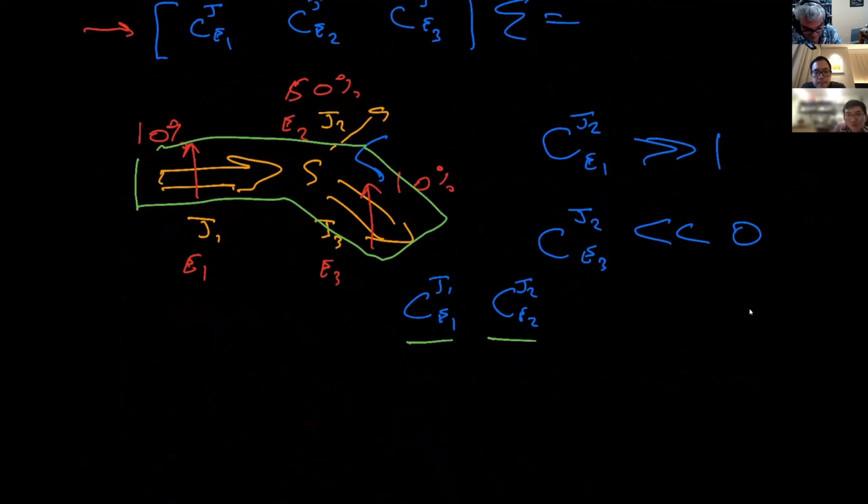Okay, I see. What's special about a branch system are the counter ones, right? The ones with E3 and J2, and E1 and J2. J2 with respect to E3 is also that one.